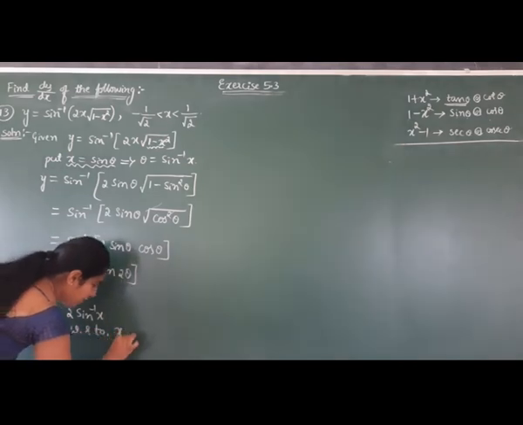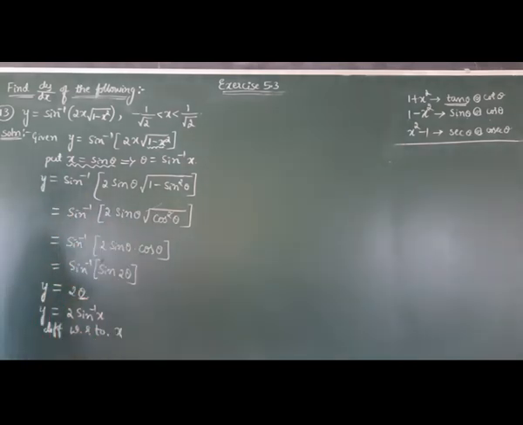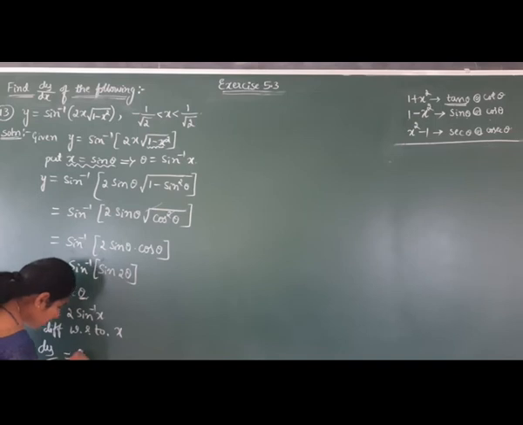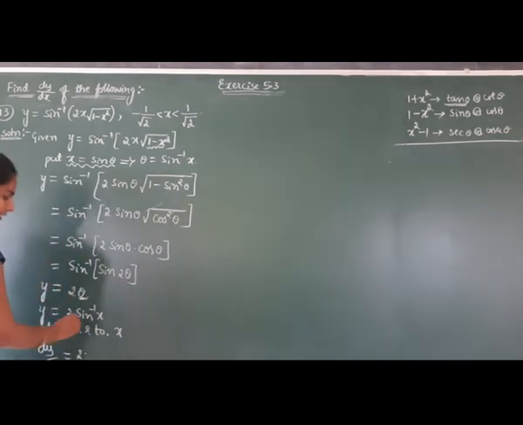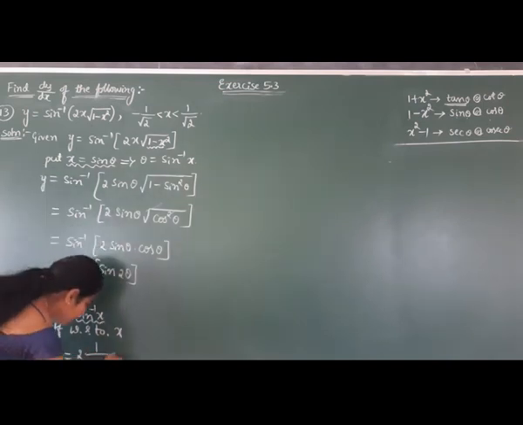with respect to x. Okay, so then we have dy by dx is equal to 2 into derivative of sin inverse x with respect to x, which is 1 divided by square root of 1 minus x square.